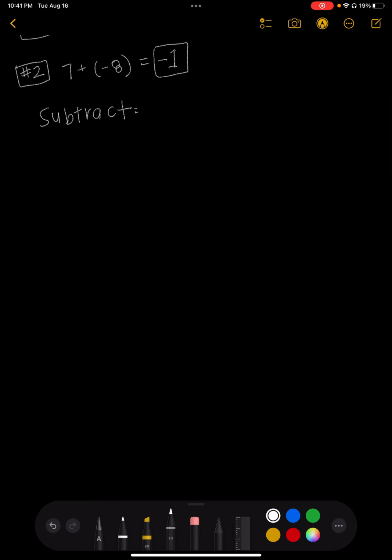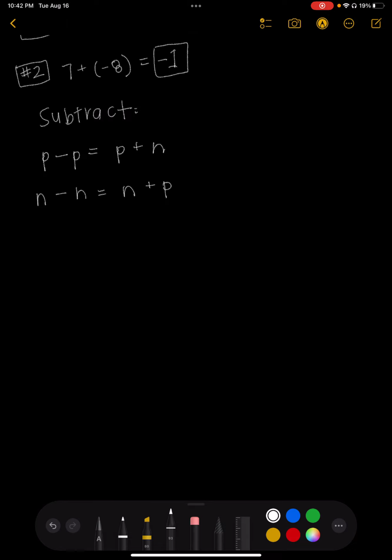So if I have a positive minus a positive, that's the same thing as saying a positive plus a negative. And if I have a negative minus a negative, that's the same thing as saying a negative plus a positive. We'll go over an example of a couple of these.